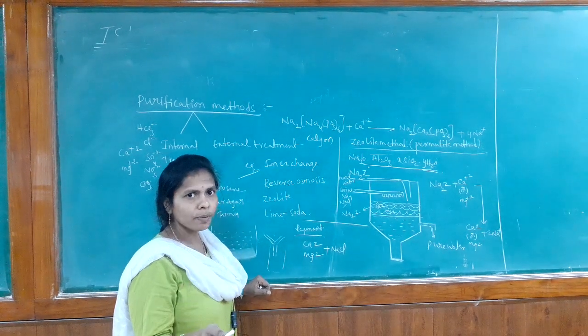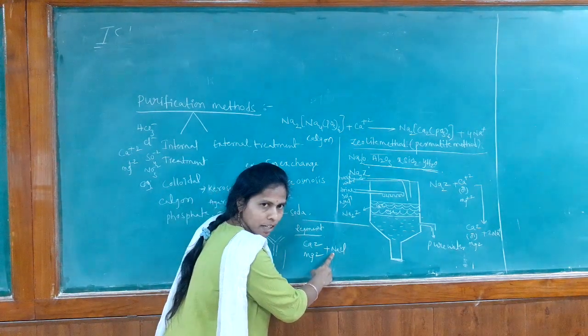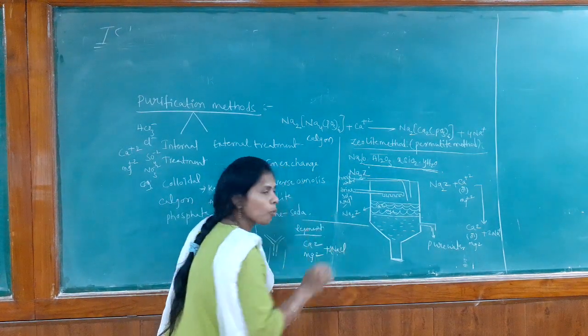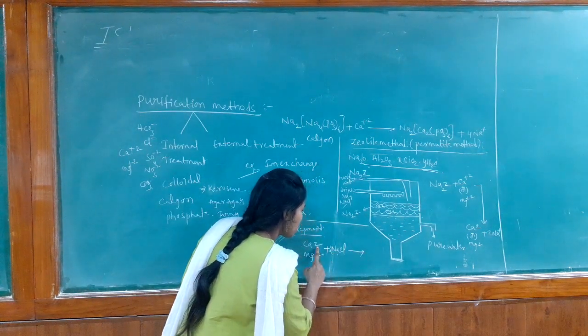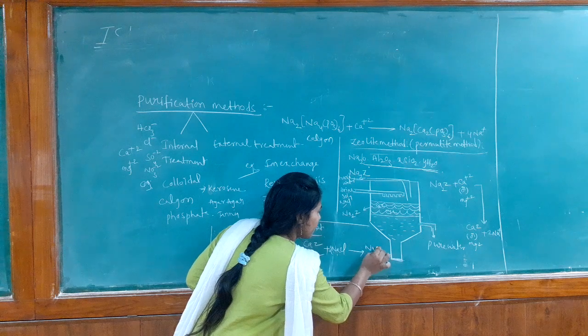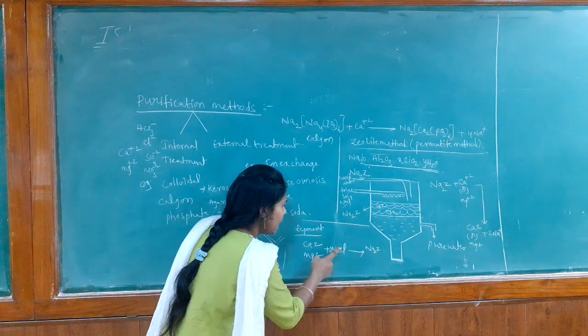Plus 2 can be replaced with plus 2, plus 1 with plus 1. But sodium has plus 1, so it reacts with 2 moles of sodium chloride, producing Na2Z.